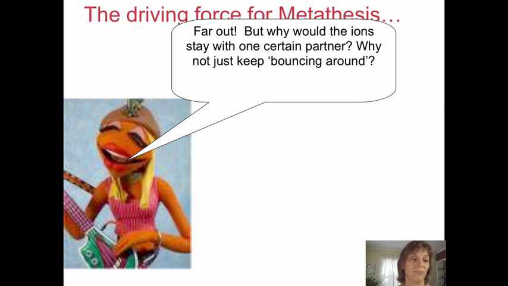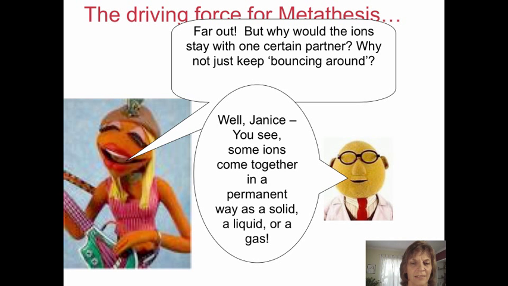Good question, Janice. Why wouldn't they keep just bouncing around? Why do they stick together? Well, Janice, some ions come together in a permanent way, as a solid, a liquid, or a gas. That's because the water that would dissociate them doesn't have a strong enough bond to tear those things apart. So it's all about relative bond strength.